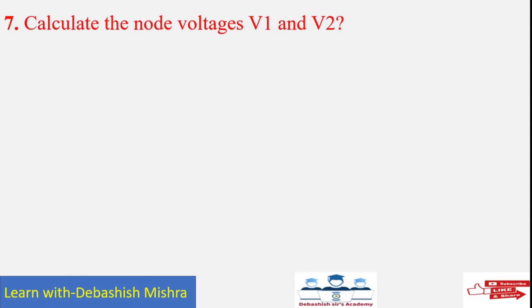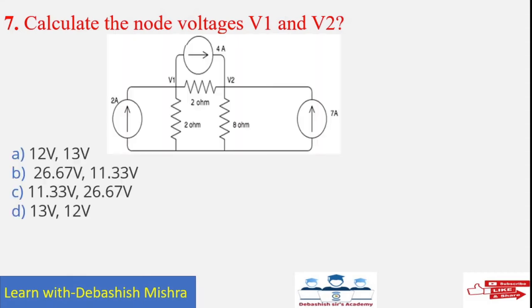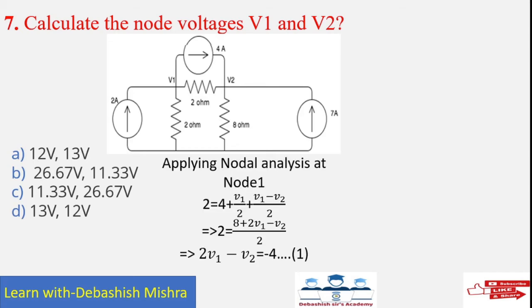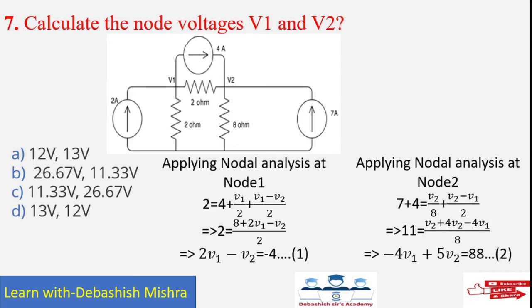Calculate the node voltages V1 and V2. This is the circuit diagram, and these are the options. Applying nodal analysis at node 1. This is your node 1, this is your node 2. See the incoming current, 2 is the incoming and 4 is the outgoing, and V1 by 2 is also outgoing, and V1 minus V2 by 2 is the outgoing current.